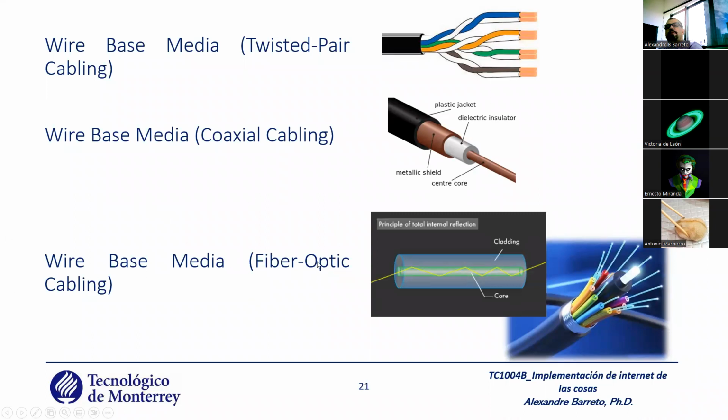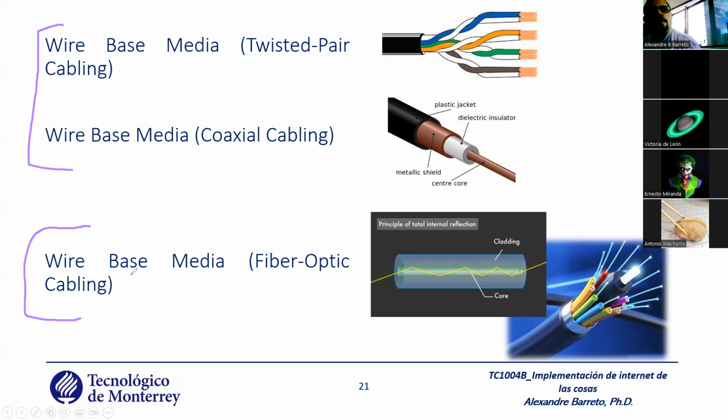And you have the fiber optic cable. In the first two, you transform the information into a pulse of electricity to send data. In this one, you transform the information into a pulse of light.